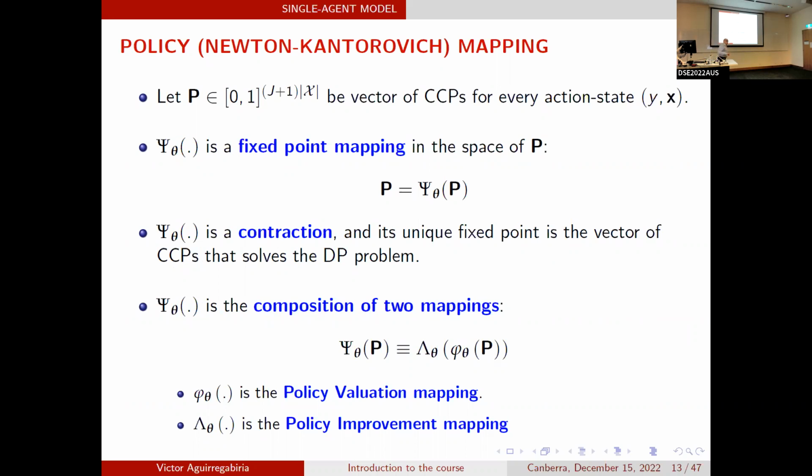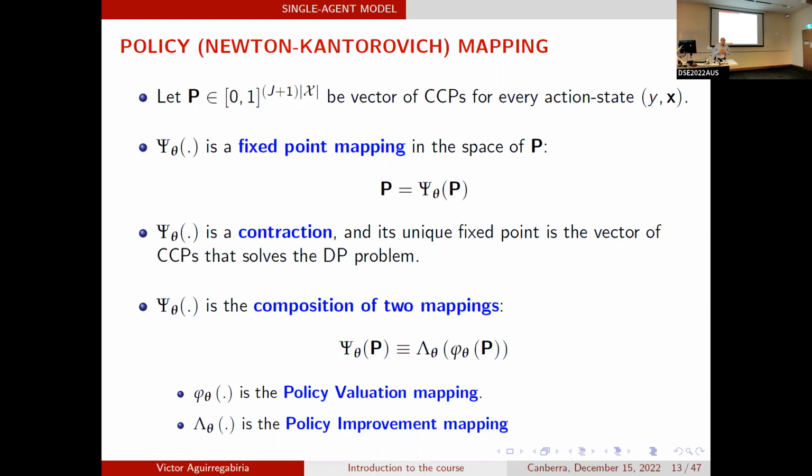It's a contraction mapping for this class of models under conditional independence and additive separability. It has a unique fixed point, and it's a composition of two mappings. One we can call the policy evaluation mapping, which John described in the first lecture as the V-greedy mapping. I'm going to call it the policy evaluation mapping.